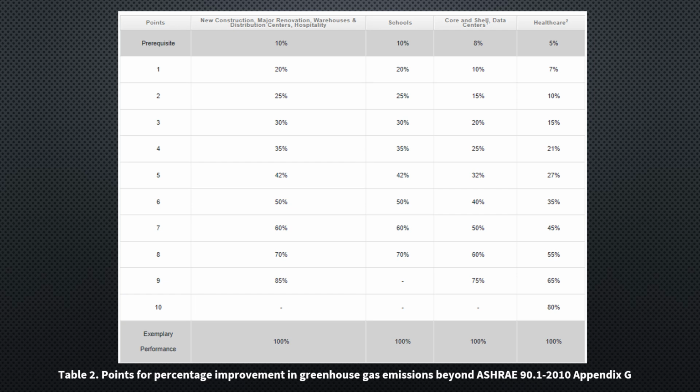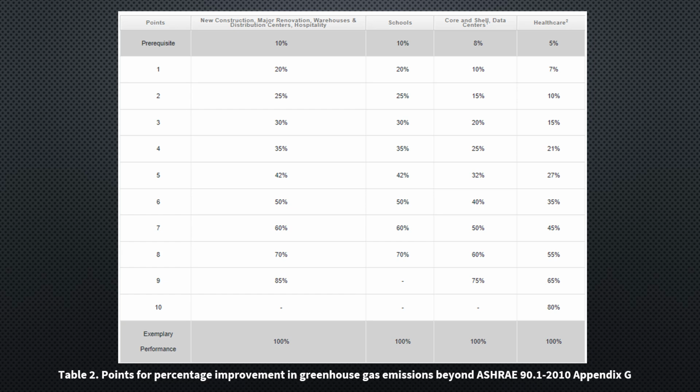Well, in the previous slide there was a small addition, and that table shows the percentage of improvement in energy performance for cost or source energy. And here this table shows the improvement in greenhouse gas emission beyond ASHRAE 90.1-2010. Here also the table works like the previous one.